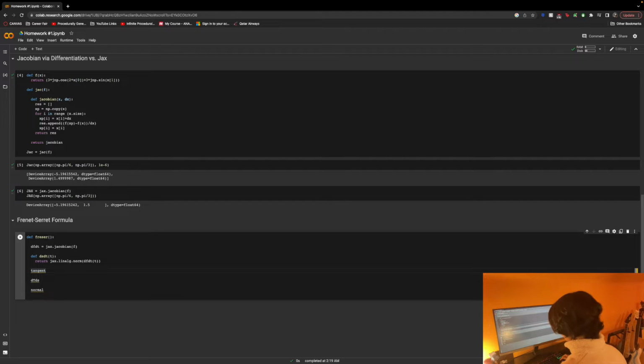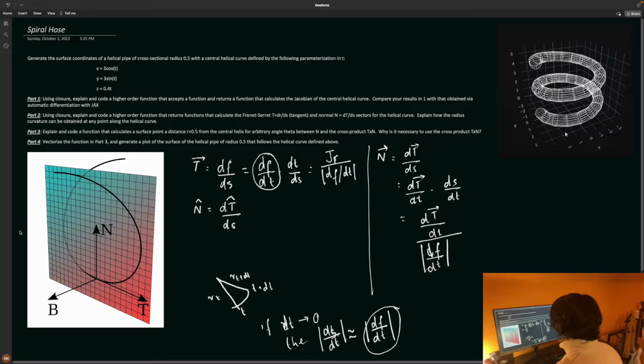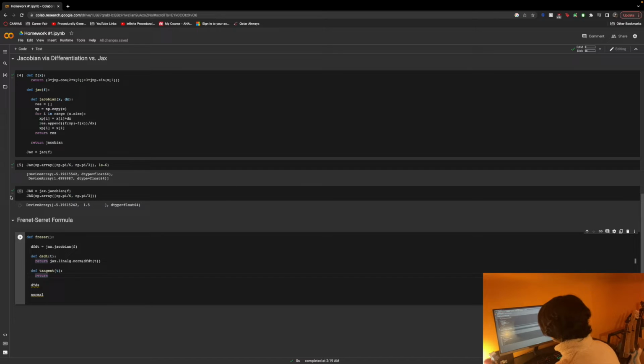After this, we want to find our tangent. So I'll describe that as a function as well. We'll take t as an input, and here it will return. We've already established that our tangent function is simply our Jacobian divided by the magnitude, or ds/dt. So we're just going to write that as df/dt over ds/dt.